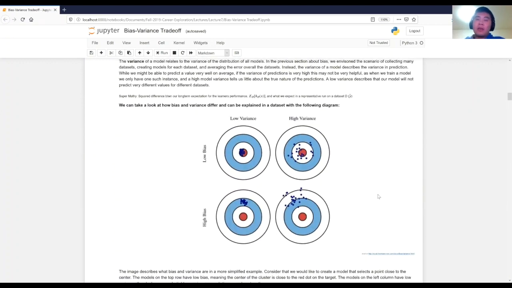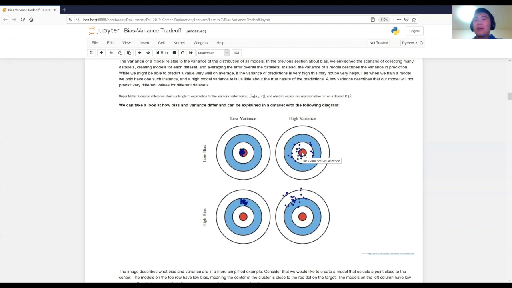I think that the infographic that we have here is a really good illustration of the contrast between bias and variance. So having high variance, as we can see here, means that even though the average of my results is correct, so if I take all of these points and compute their average, that is correct in the center of the bullseye, each individual prediction is still pretty off from the center.